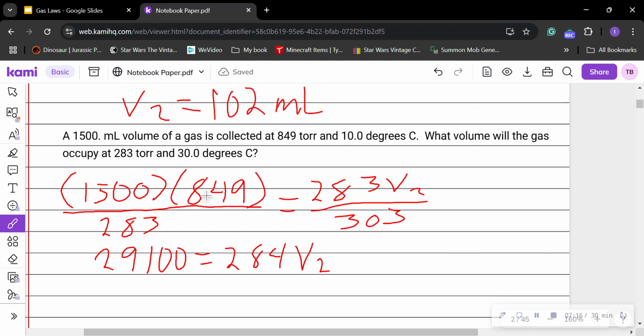So this is the setup I got, and when I cross multiplied, I got 29,100 equals 284 V2.